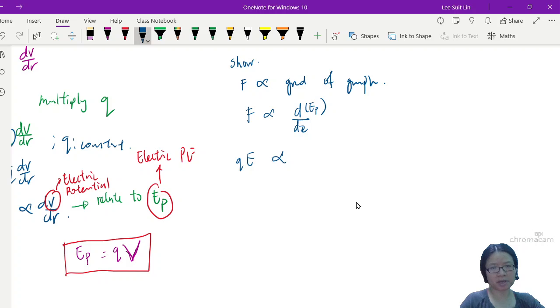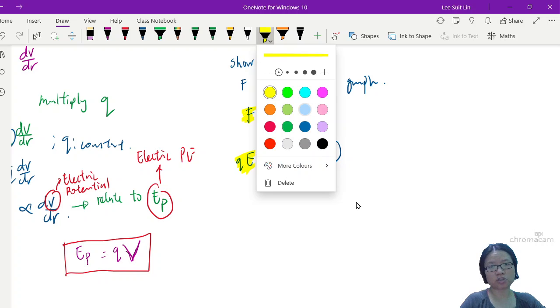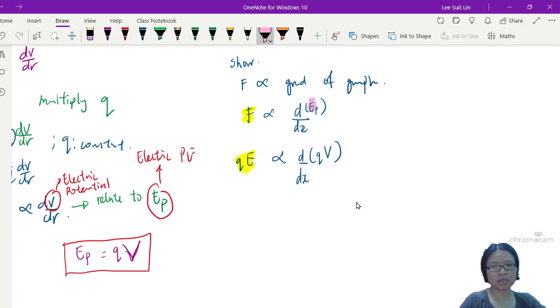And also, potential energy is QV. So force is QE and potential energy EP is QV, because remember they asked you to define electric potential, so that was work done per unit charge. So to find electric potential energy, you will take electric potential times the unit charge that you divided previously.